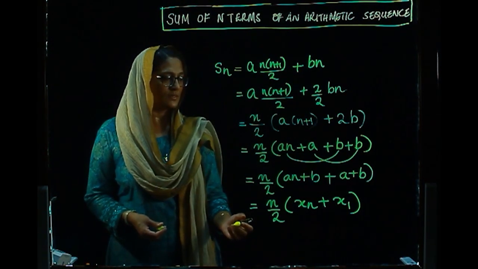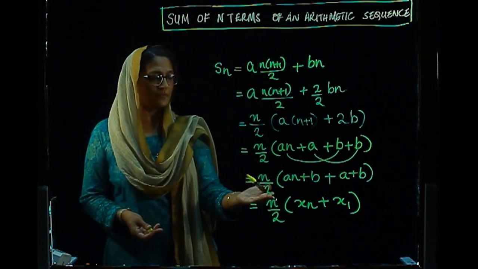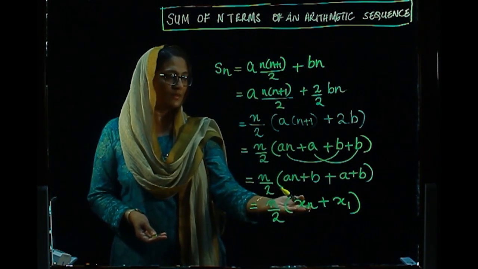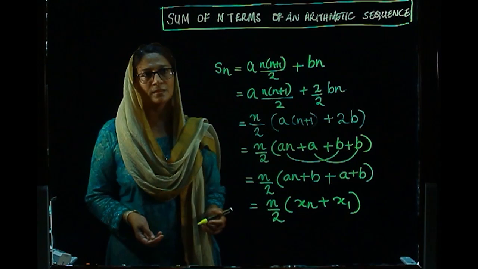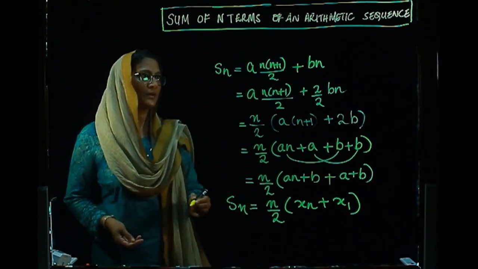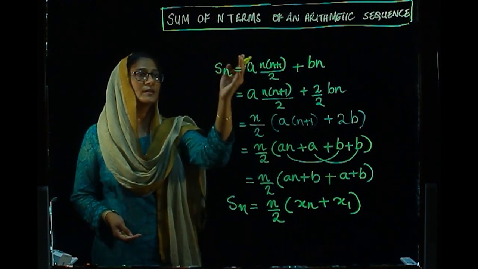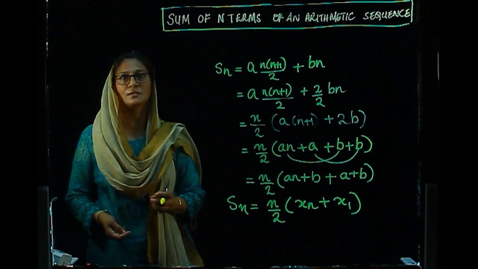All we have to do is divide the number of terms by 2 and find the product with the sum of the first term, and the last term. Sn equal to n by 2 into xn plus x1 is an alternative method for finding the sum of n terms of an arithmetic sequence.